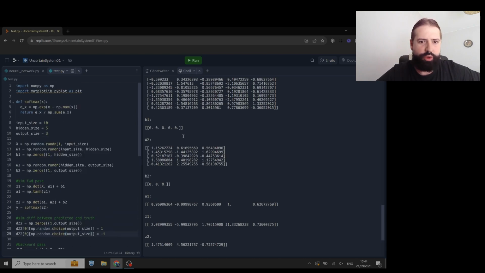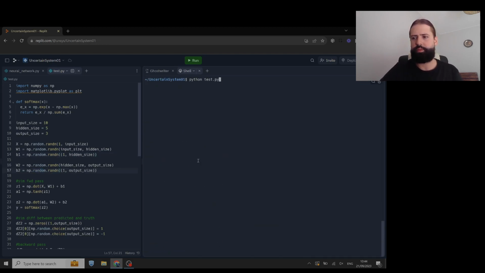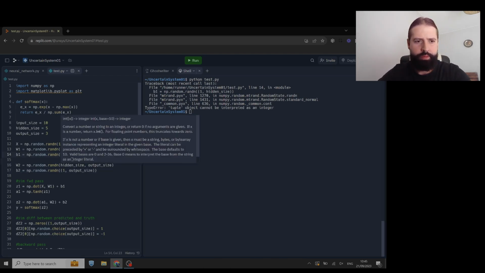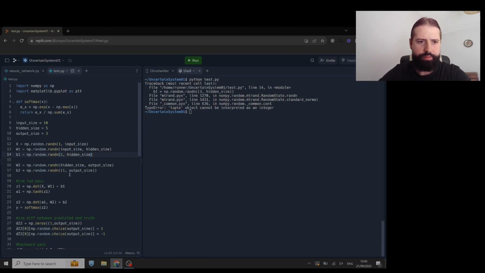I think the biases shouldn't be initialized to 0. I think we should also just initialize them to random. I think it makes more sense. So what is better?